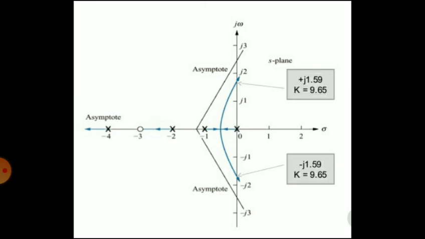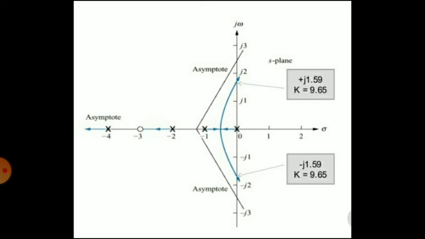So you can see here, this is the imaginary axis that is shown, plus j 1.59 for the value of k equal to 9.65 that crosses or intersects the imaginary axis j omega, and minus j 1.59 for the k marginal equal to 9.65 that crosses the imaginary axis at the bottom, and these are the two asymptotes.